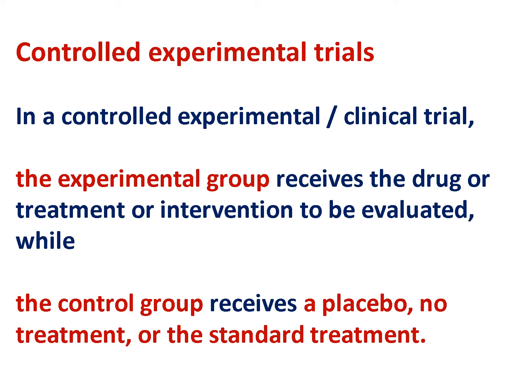Controlled experimental trials. In a controlled experimental trial or controlled clinical trial, the experimental group receives the drug, treatment or intervention to be evaluated, while the control group or comparison group receives a placebo, no treatment, or the standard treatment.